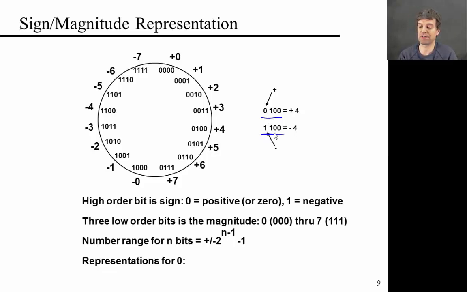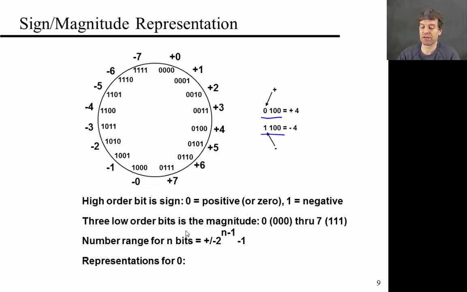If the highest order bit is 0, as shown here, it's a positive number, or 0, and if the highest order bit is 1, then it's a negative number. And in the case of the 4-bit format here, the 3 lower order bits are the magnitude from 0, 0, 0, which is 0, to 7.